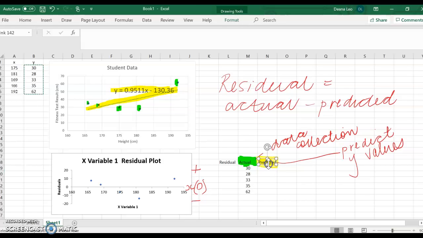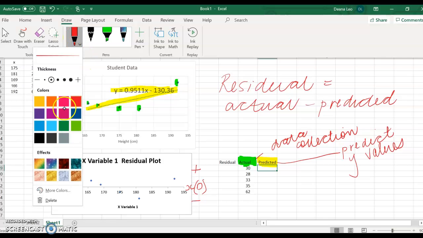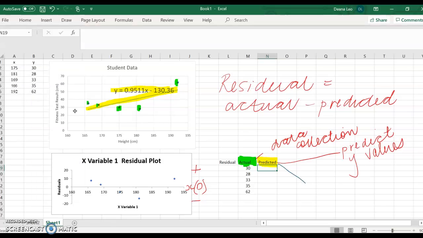Okay, to get your predicted outcome, however, you actually have to go away and use what we figured out in our last section of the maths, and it's sitting up here.